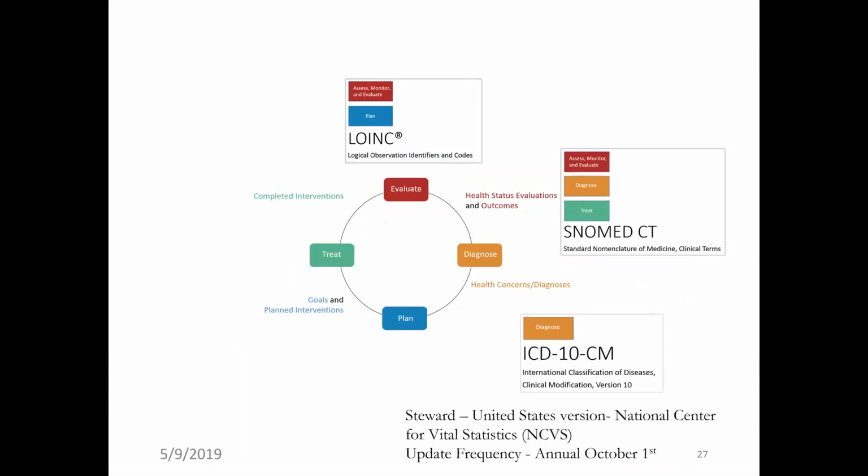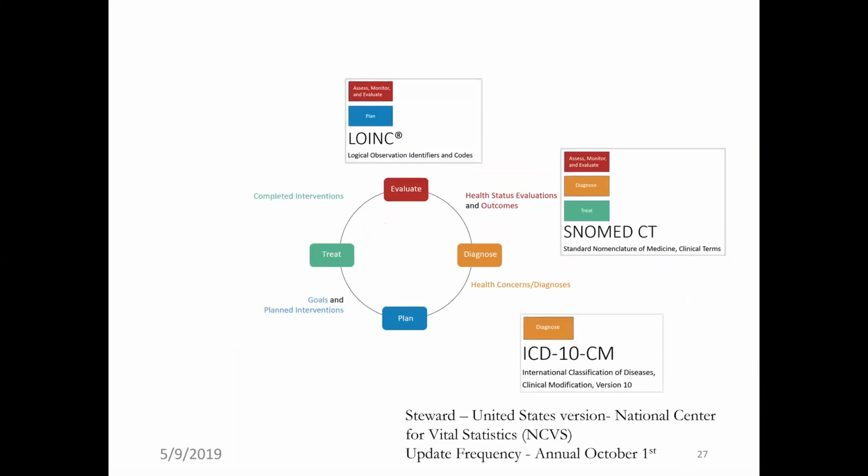ICD-10-CM is used solely to express health concerns and diagnoses. It stands for International Classification of Disease, Clinical Modifications, that's what the CM means, and 10th edition. This code system is also used in processing claims for determining medical necessity and recording external causes of injury, and ICD-10 codes are often used for determining if people qualify for the denominator or numerator in a quality measure.